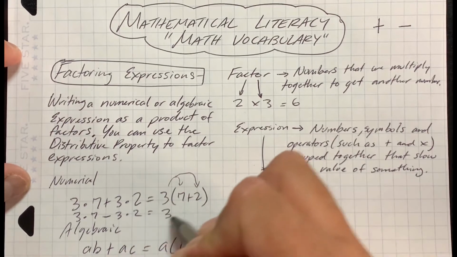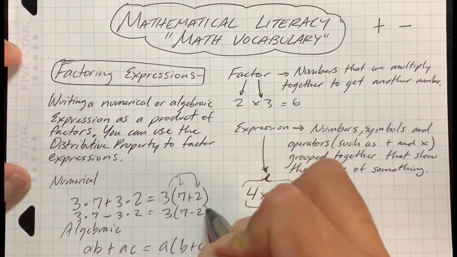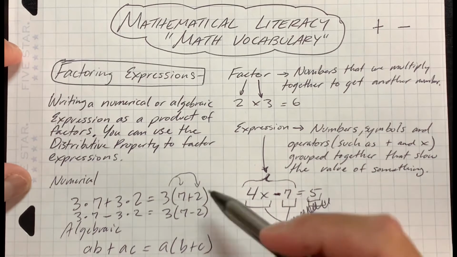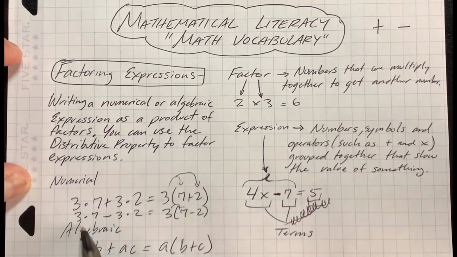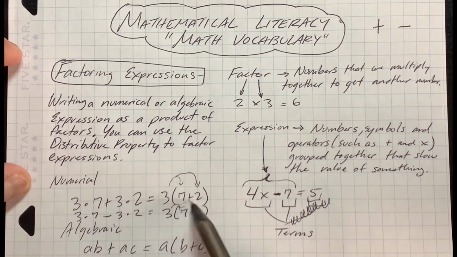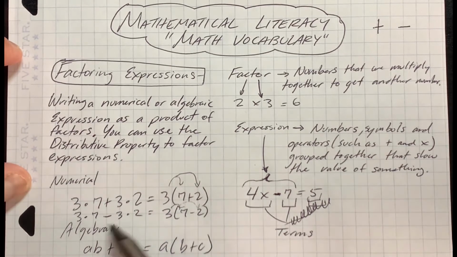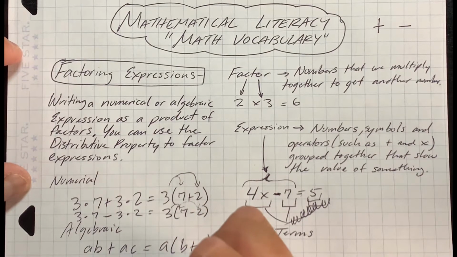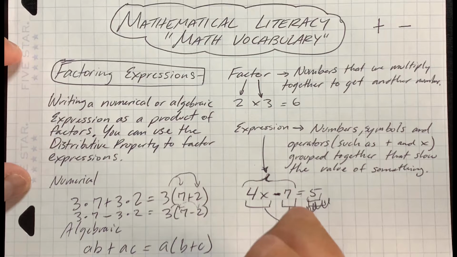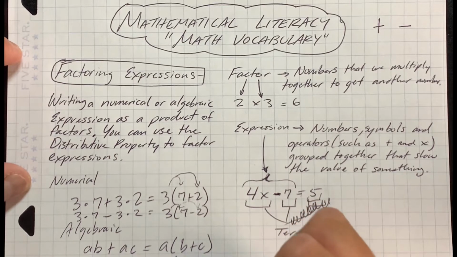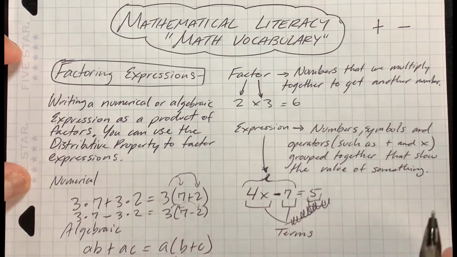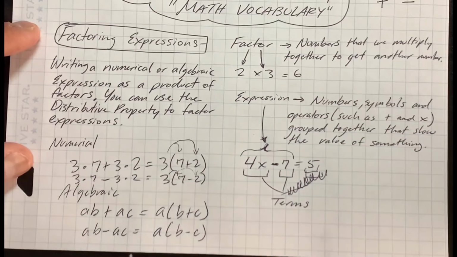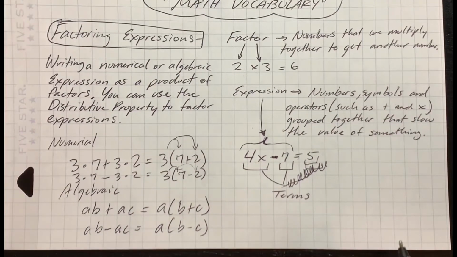So that's going to be 3 times (7 minus 2). Again, if you do that, 3 times 7, and then 3 times 2 is 6, and then of course subtract that. As an algebraic expression, it will be a times b minus a times c, and that's going to equal a times (b minus c). As long as you got this down, you should be good to go.